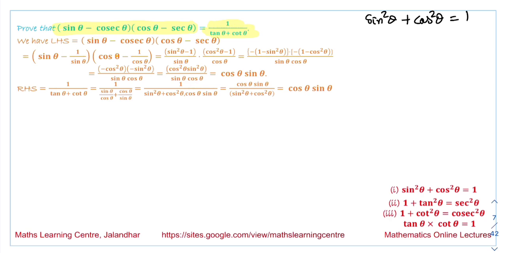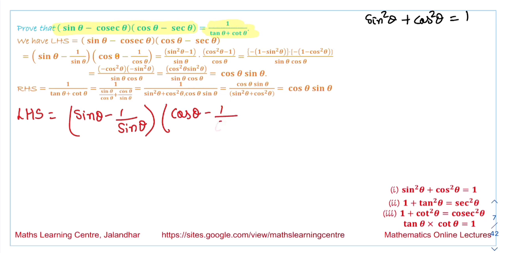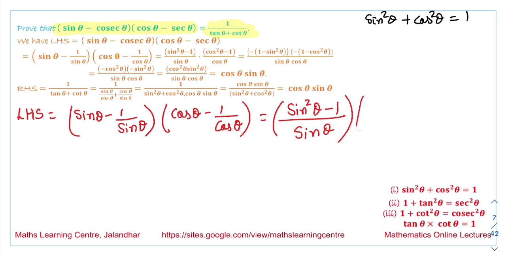Suppose we are solving this problem and we have started with the left hand side. The left hand side is (sin theta minus 1 over sin theta), because cosecant theta is 1 over sin theta, into (cos theta minus 1 over cos theta). So this comes out to be (sin square theta minus 1) over sin theta into (cos square theta minus 1) over cos theta.